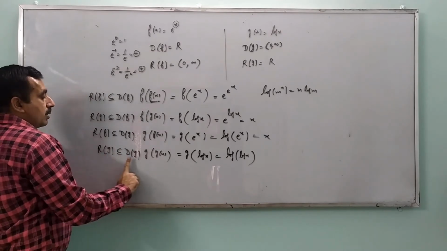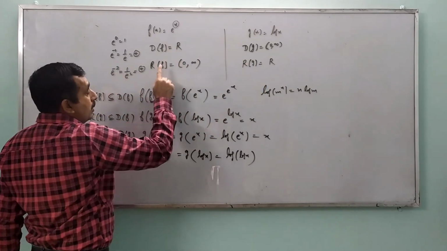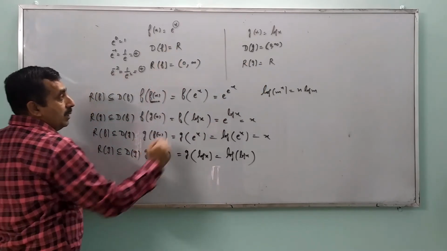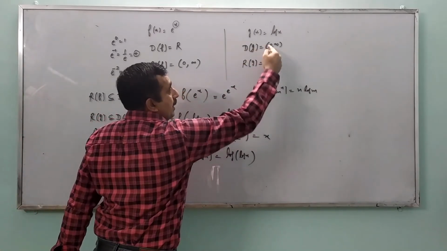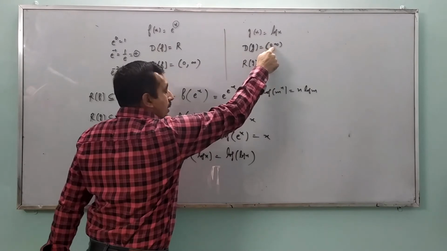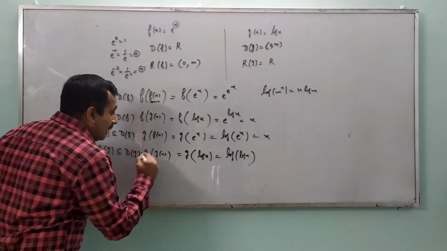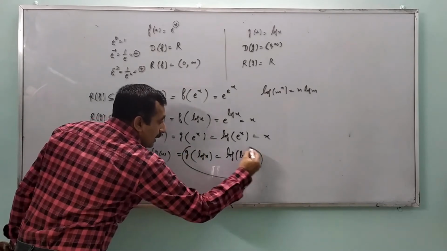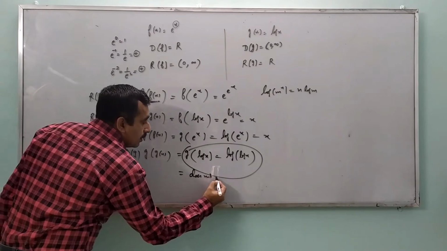Now come to the last condition. Range of g should be a subset of domain of g. The domain of g is 0 to infinity, so this R is not a subset of 0 to infinity. So this condition is not possible here. So its answer is does not exist.